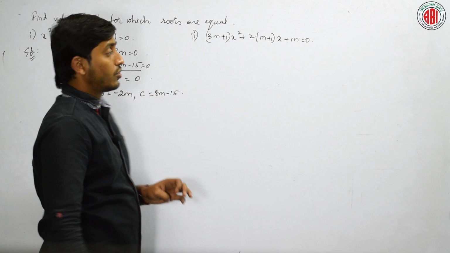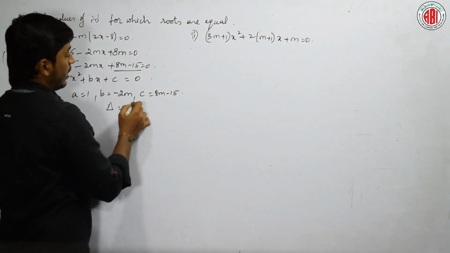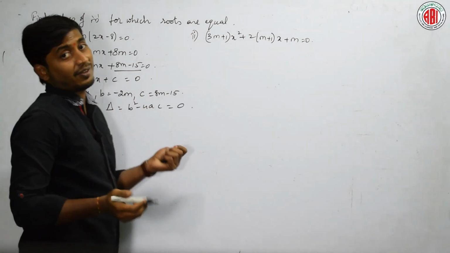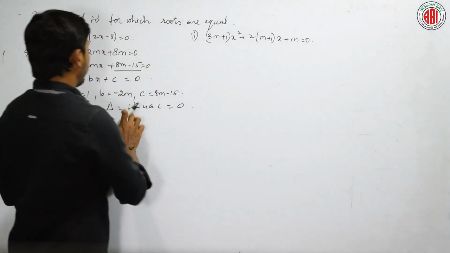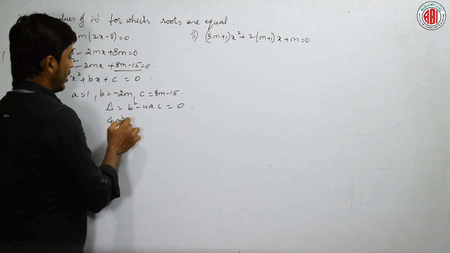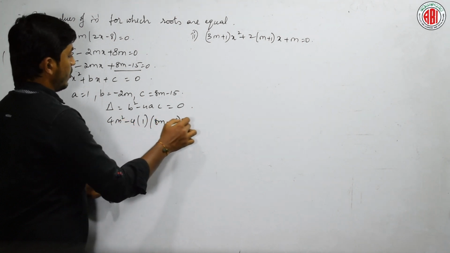Is it right? So, he gave that roots are equal, that is discriminant b square minus 4ac is equal to 0. Let us substitute that and simplify, we will get the value of m. Clear? See here, what is b? Minus 2m, its square is 4m square, minus 4ac equal to 0.